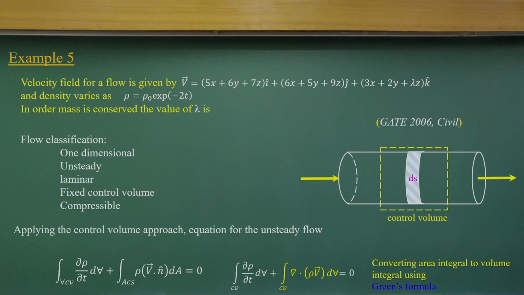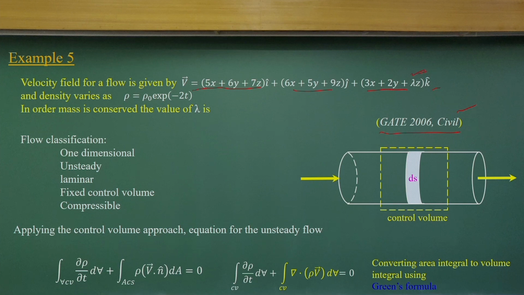Now let us come to Example 5, which is from GATE 2006 civil engineering. In that problem, the velocity field is given. If you see the scalar components of the velocity field, there is a component with lambda which is unknown to us.